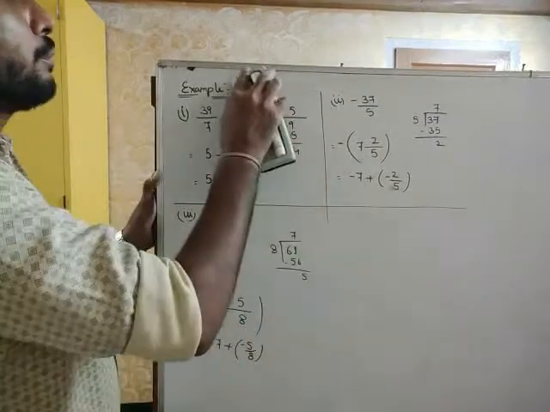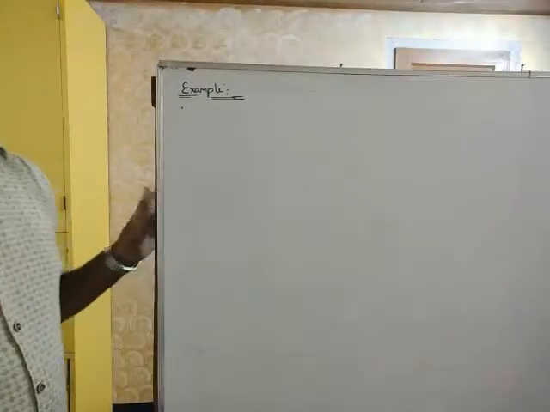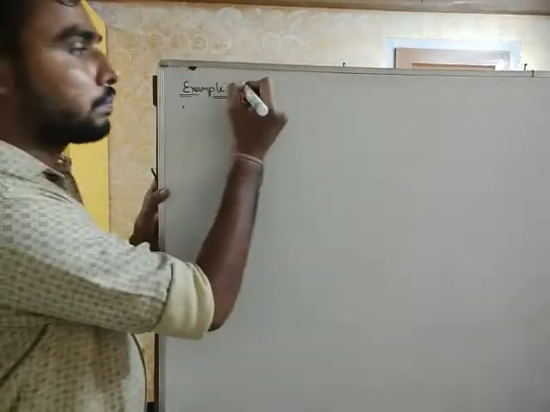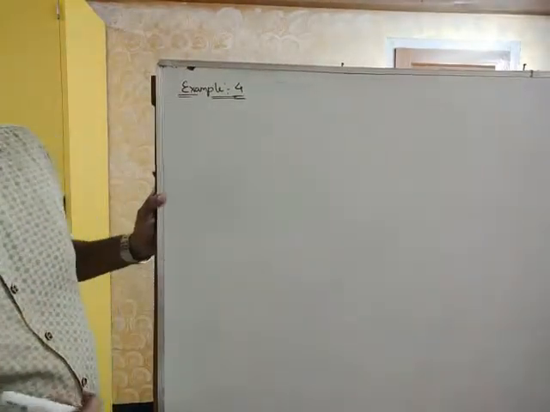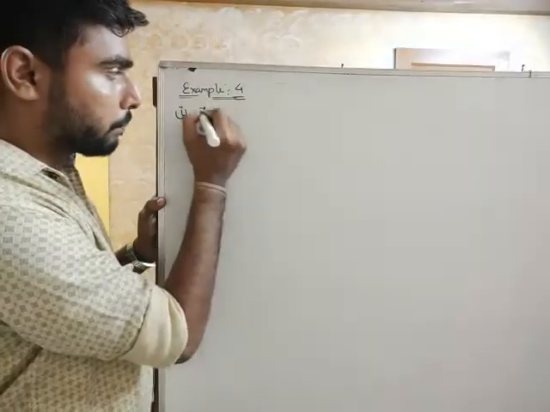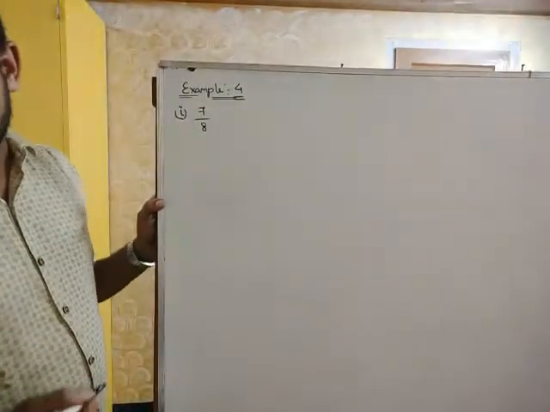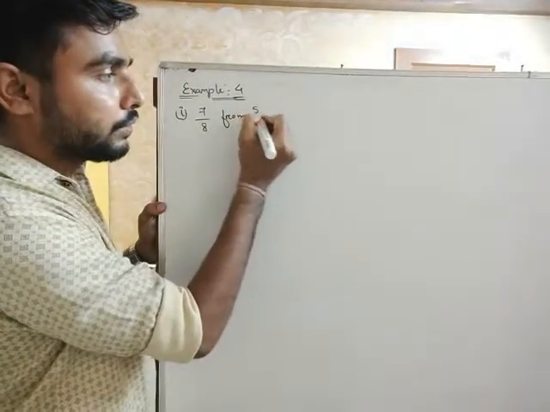Let's move to example number 4 then. The question says subtract 7 by 8 from 5 by 12.